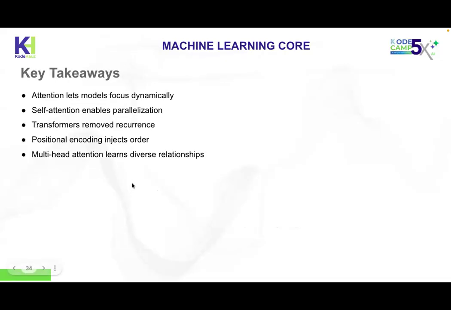So this is the transformer architecture, and some of the key takeaways are: attention will allow your models to focus dynamically. Self-attention enables parallelization. Transformers allowed us to remove LSTMs, GRUs and all recurrent neural networks from the whole architecture, enabling much faster, much more parallelized training.